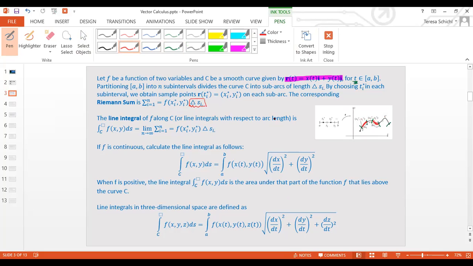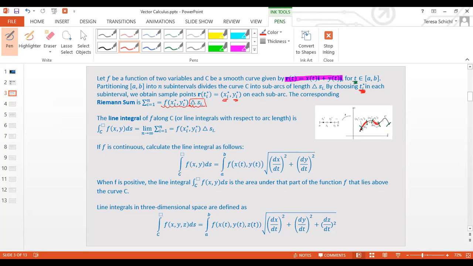Just like in the Riemann sum, you can choose the left point, the right point, or the middle point. So you can choose t_i star in each subinterval, and then t_i star gives you a point x_i star, y_i star. You plug in x_i star, y_i star, and this will be the height. Height times width is the area of this rectangle.